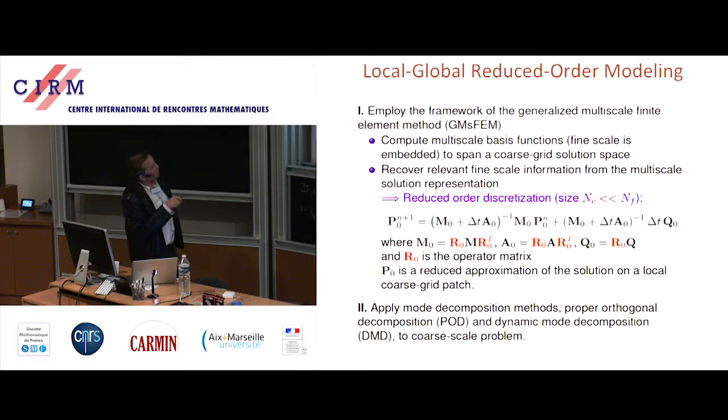So the next thing we do is, on top of these schemes, we do this projection onto input-output modeling parameters of proper orthogonal decomposition or dynamic mode decomposition, where the snapshots are built on the coarse space.